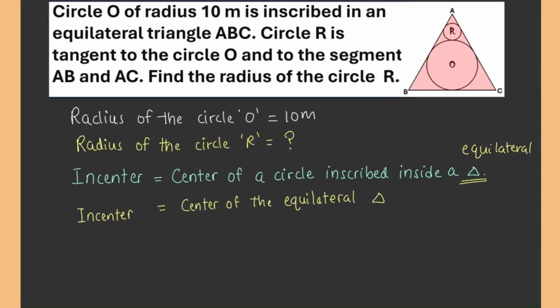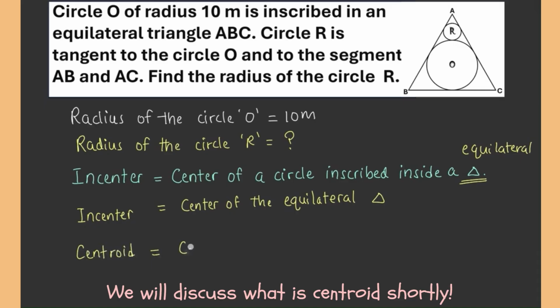Okay, now since we are talking about an equilateral triangle, the centroid of the triangle is equal to the center of the equilateral triangle. So let me put this again here.